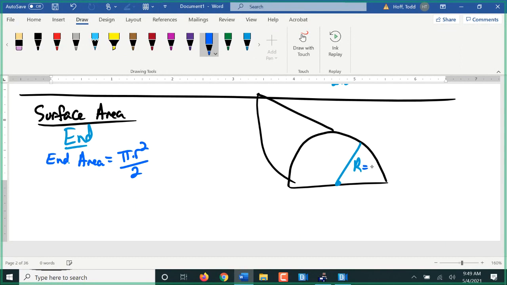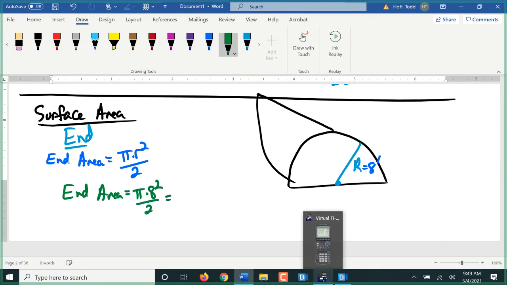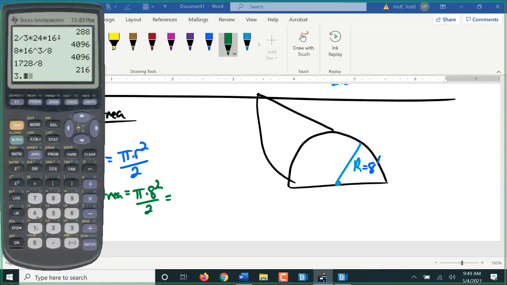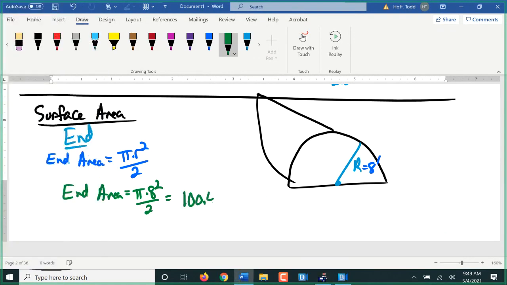So if I have a radius here of 8 feet, the area of the end of this is pi times 8 squared over 2, which ends up being 100.48 square feet.